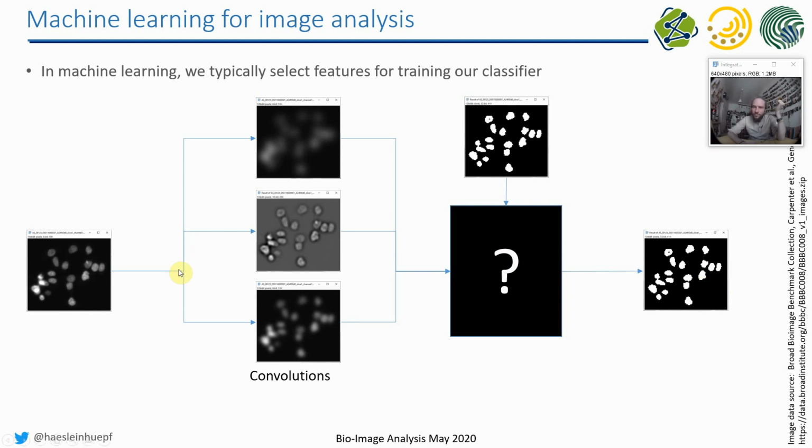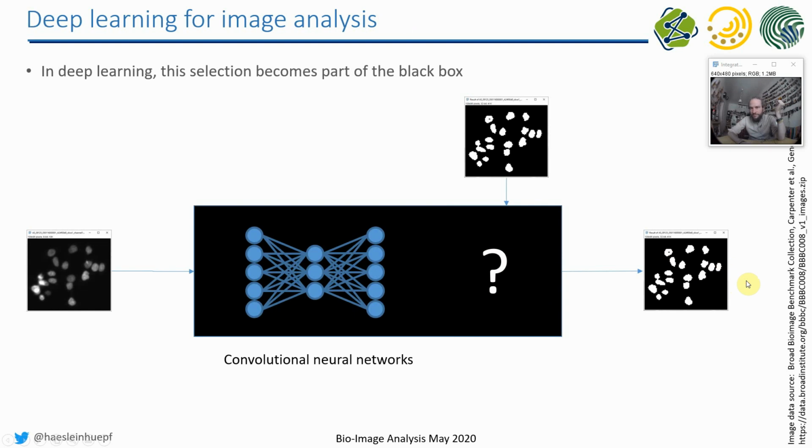If we now remove this step here and make it part of the black box, we come to the point where we use convolutional neural networks. You may have heard these terms earlier. So we do not make the decision anymore of what filters to apply in an image, selecting a certain range of filters to apply and others not to apply.